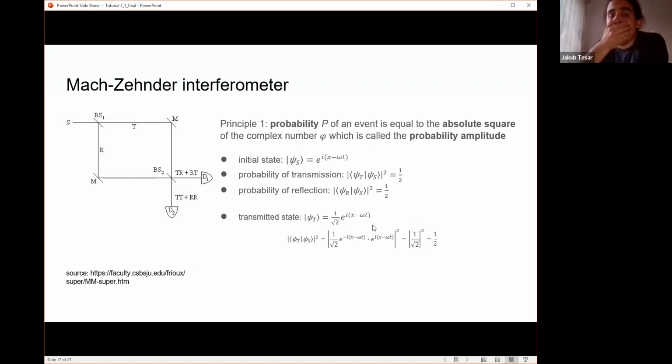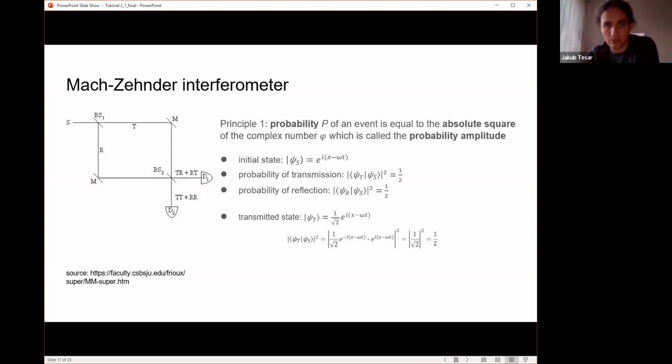What I did here can be derived, but I will not go there in this lecture. The idea is that we think of the transmitted state as not changed, so it's the same wave, but the amplitude of this wave is changed by this factor 1 over the square root of 2. If we do this product and square it, we get the probability of 1/2, which is exactly what we needed.